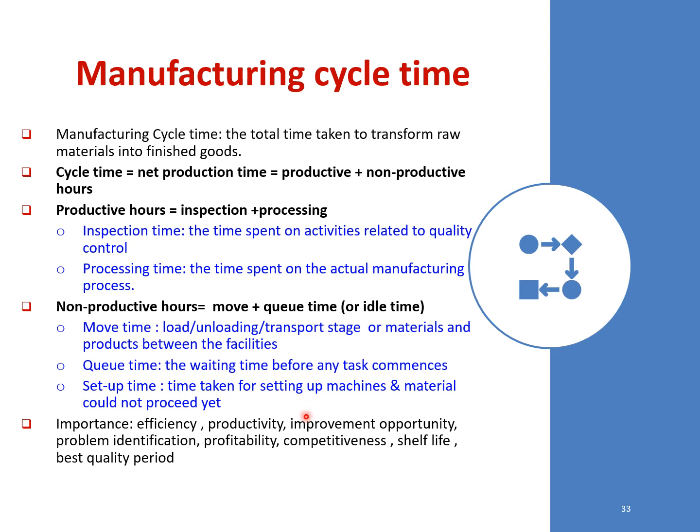The importance of knowing manufacturing cycle time is that you are able to know how efficient your production is. You have insight on your productivity, so you can evaluate whether improvement is needed, identify problems, and consider profitability and competitiveness. For food, the manufacturing cycle time can also impact the shelf life. You do not want certain perishable food to have too long a cycle time on the production floor, otherwise it could affect their safety or quality.